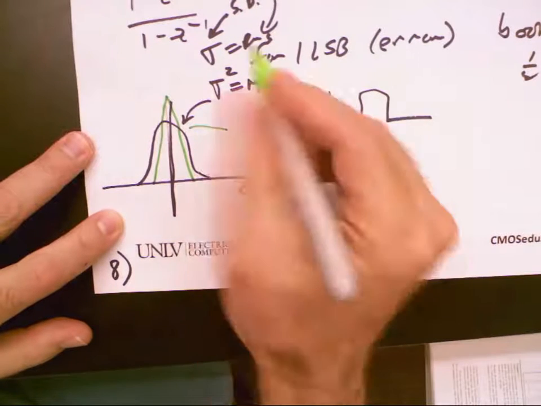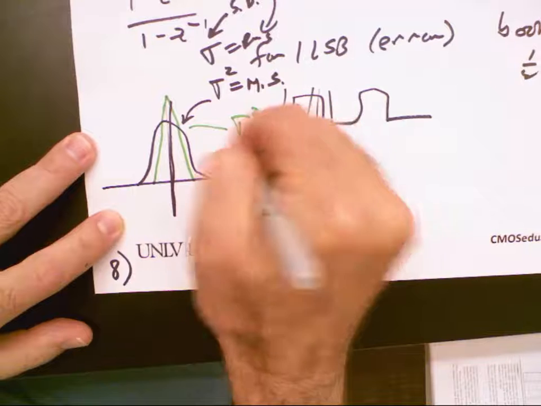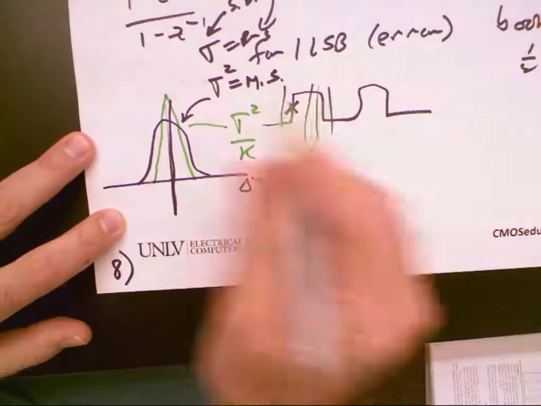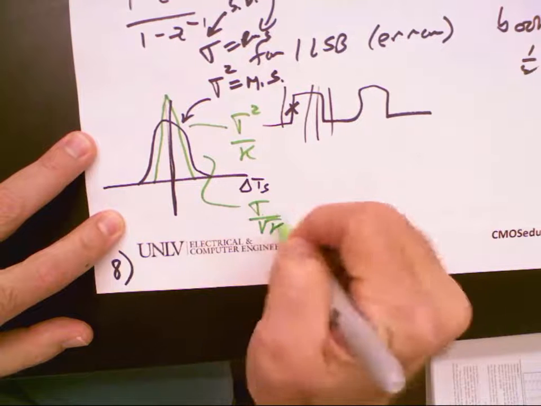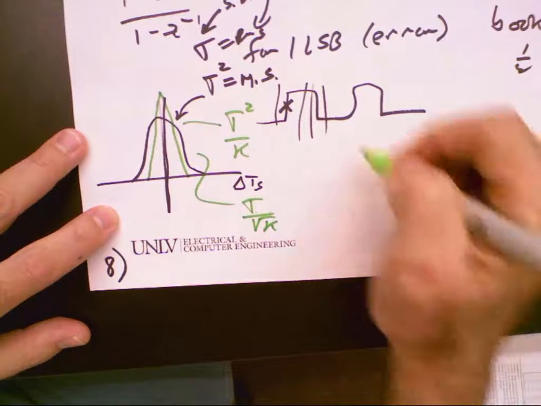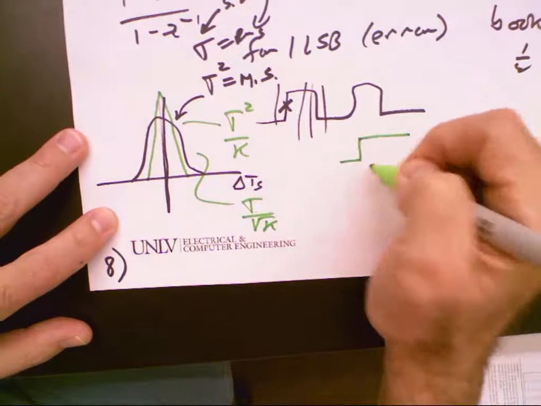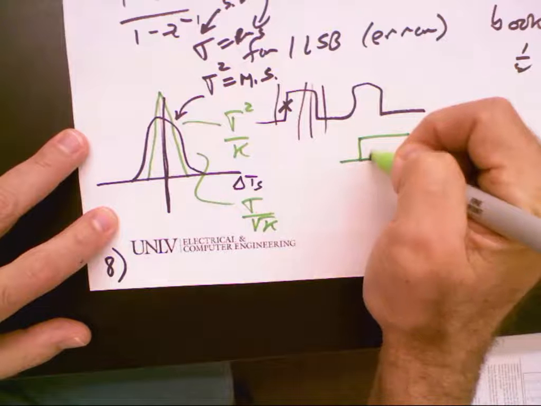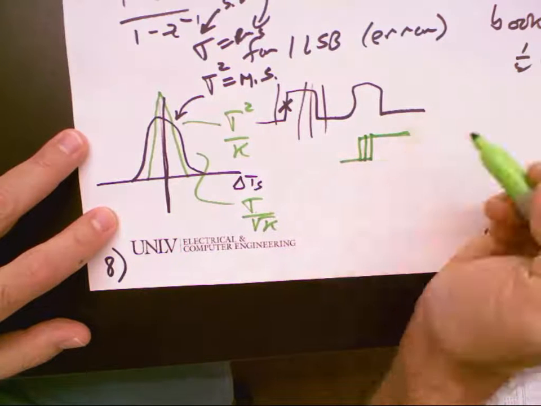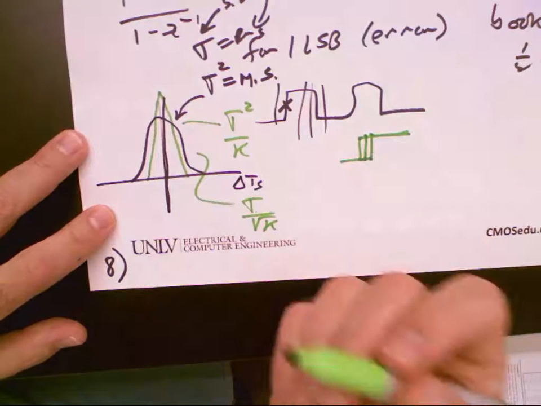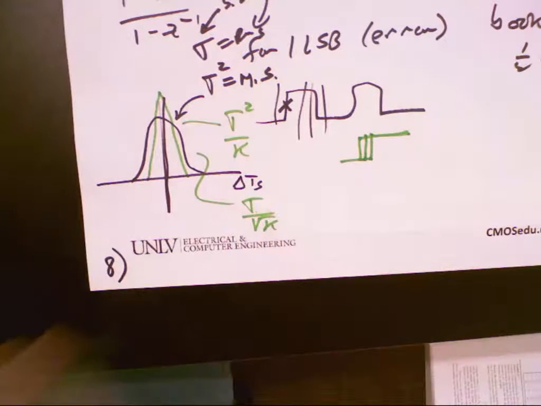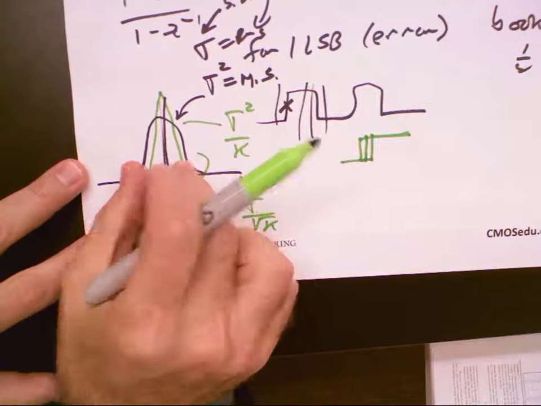Of course the area has to be the same. And so your variance becomes sigma squared over K, and the RMS value becomes sigma over square root of K. That makes sense: if one edge is a little too early, the following one is a little too late, and the next one is right in the middle, when you average those points together they tend to reduce the variation, and so you get a tighter distribution.